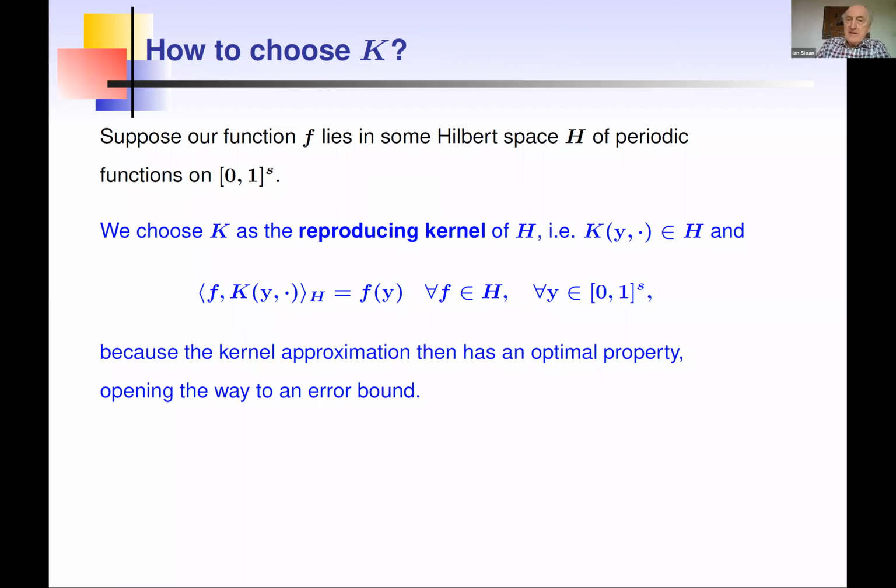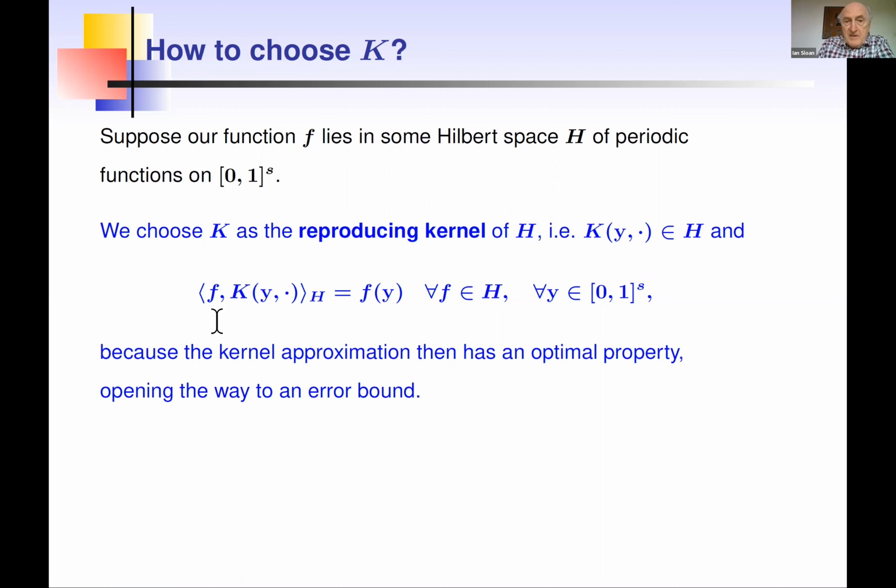If you don't know about reproducing kernels, they're very useful in numerical analysis. K of x and y, with one leg fixed at y, as a function of the other variable is in H. And it's a symmetric function.